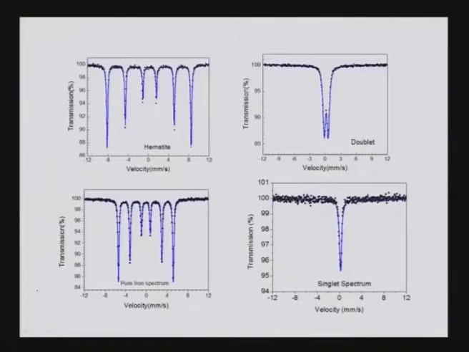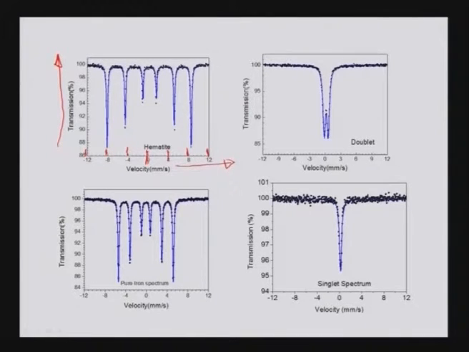On the screen you are seeing 4 spectra. As we discussed, take this first one. This vertical side is how many gamma rays I am getting through the absorber, the counts, and on the horizontal side you have the Doppler velocity of the source, in millimeters per second: 0 here, then plus 4, plus 8, plus 12 millimeters per second, and minus 4, minus 8, and minus 12 millimeters per second.